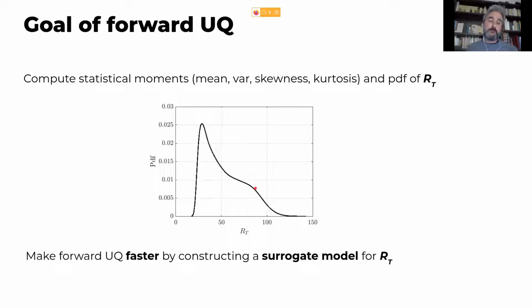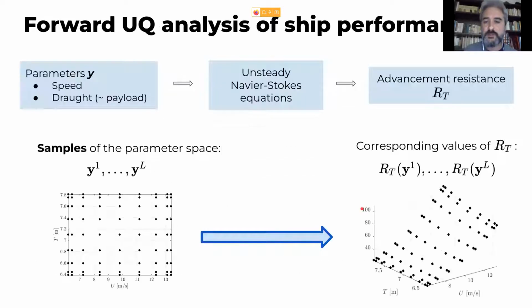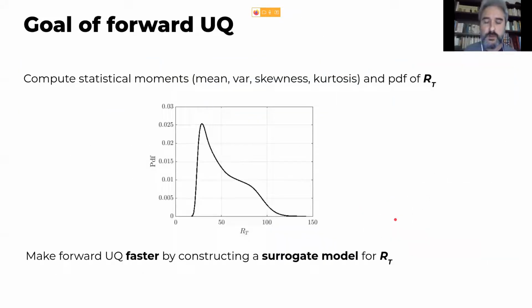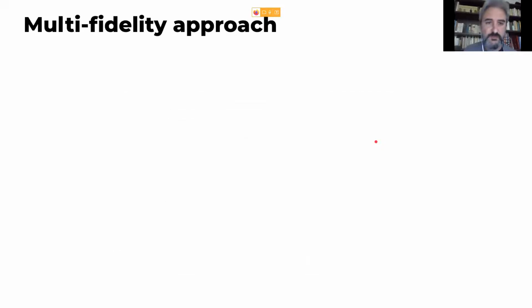The methodology that we use is that we don't do pure sampling, so this is not a multilevel Monte Carlo. It's going to be a surrogate-model-based forward UQ analysis. We will interpolate the samples and create a surrogate model, and then we will sample the surrogate model to get the PDF of the resistance to advancement.